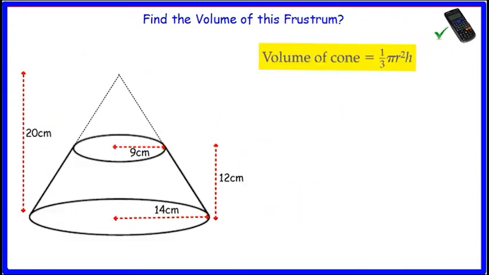Find the volume of this frustum. Okay, so this frustum is a cone with another cone cut off the top. So what you need to do here is find the total, take away the small cone at the top. It leaves you with the frustum.